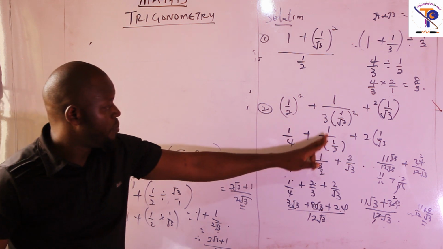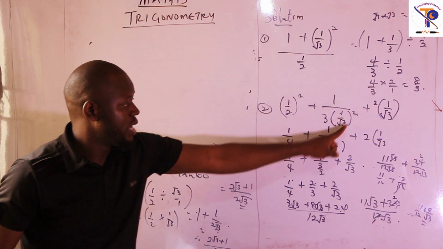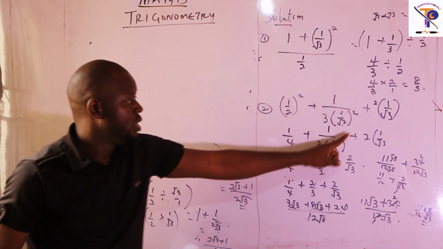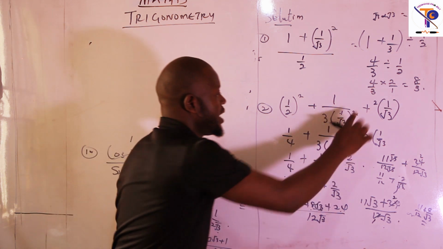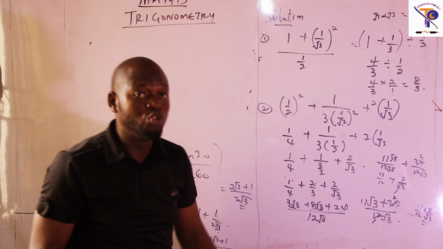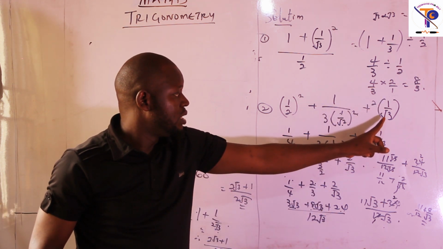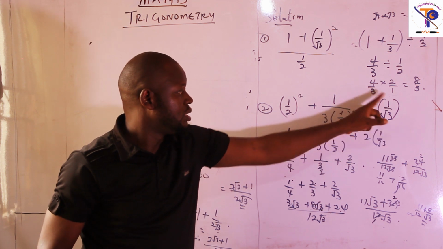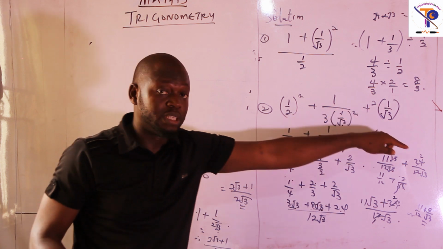We had from here 1 square, that is 1, and root 2 square is 2, and 1 times 2. This is not power, it's just 2 into, that is, you are multiplying this thing by 2. That means you have 1/root 3 in 2 places. 1 in 2 places is 1, and this one, not in 2 places, sorry, you just multiply it by 2, you double it, that's what I meant.